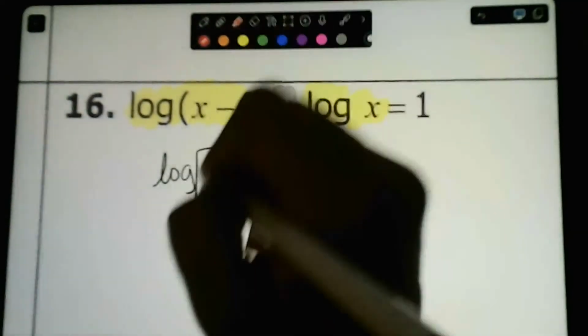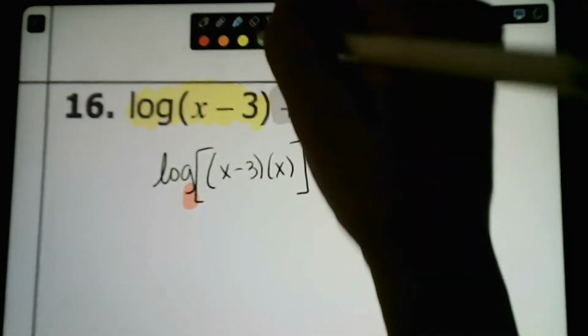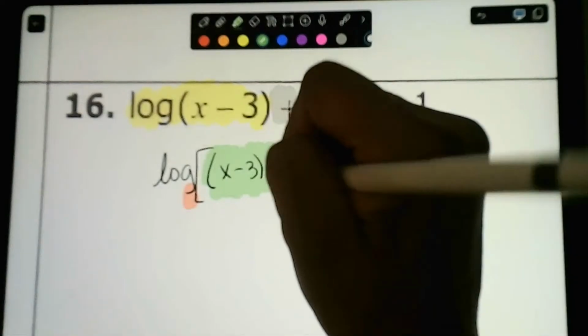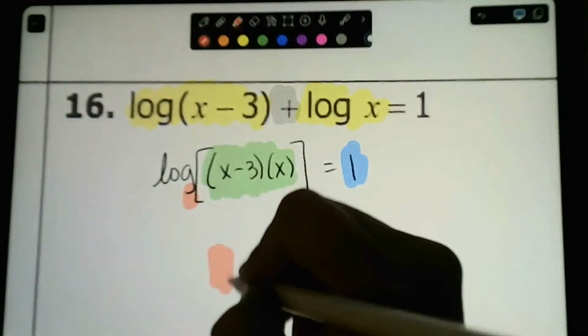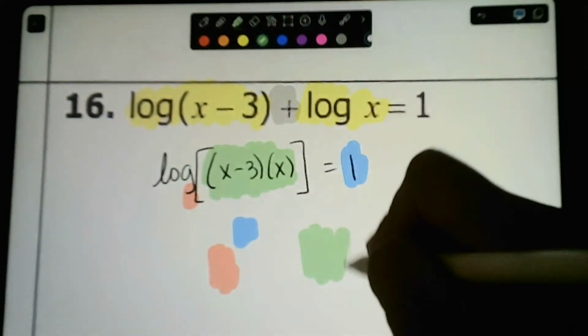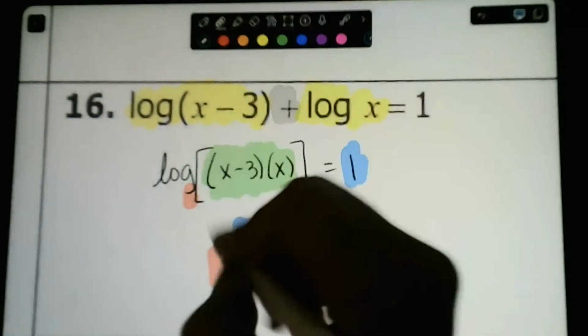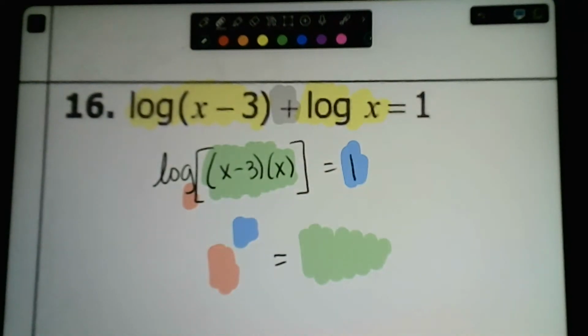And now I'm going to do my swappy swap. There's the base. There's the exponent. There's what it equals. There's no base on this logarithm? Corey, help. There's no base on this logarithm.